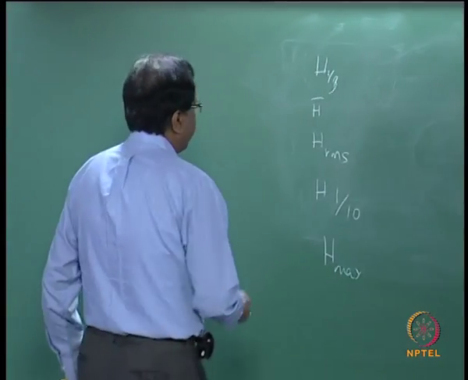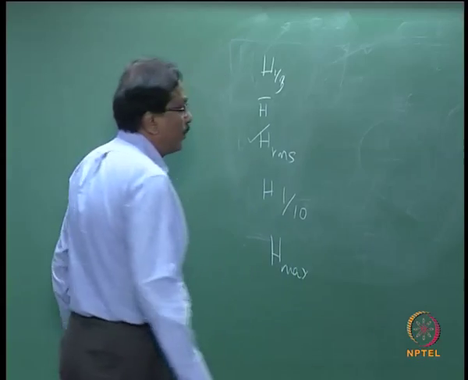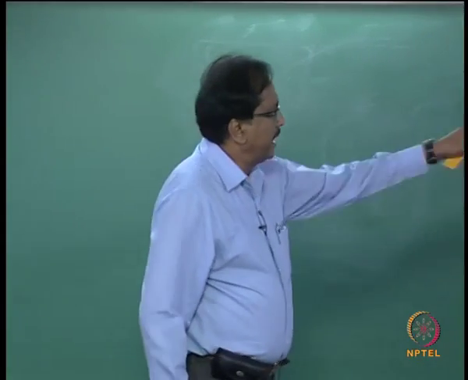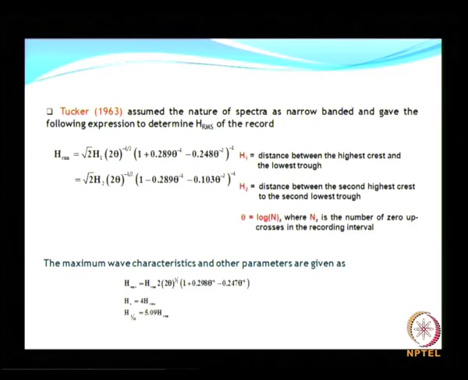So in this case you see this root mean square value can be given by that long formula, wherein h1 is the distance between the highest crest and the lowest trough.